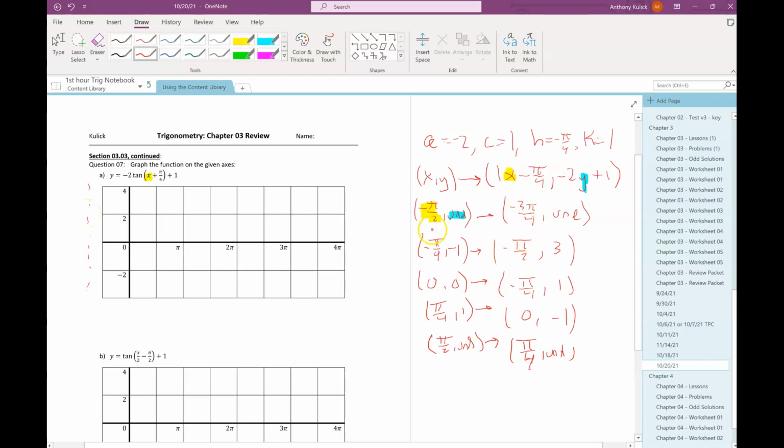And then we have -π/2 and 3. And then -π/4 and 1, and then 0, -1, and then π/4 is my asymptote. So again, there's my graph, and now we'll just extend this as we go.